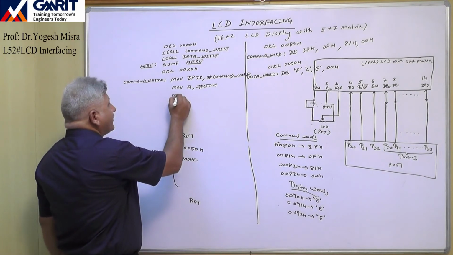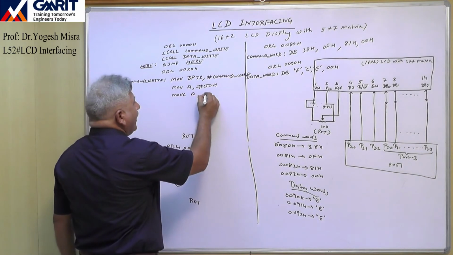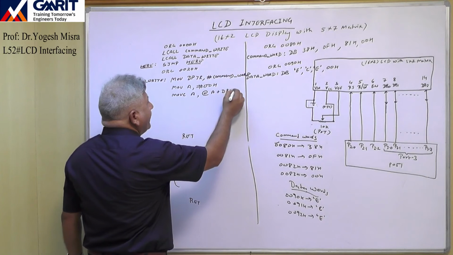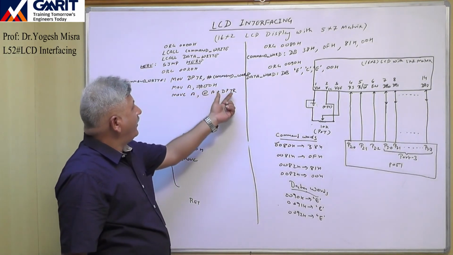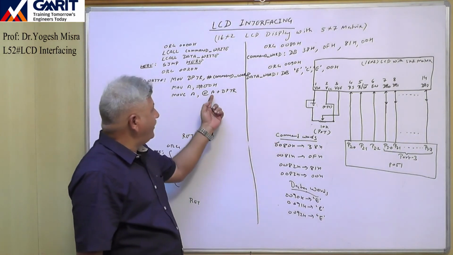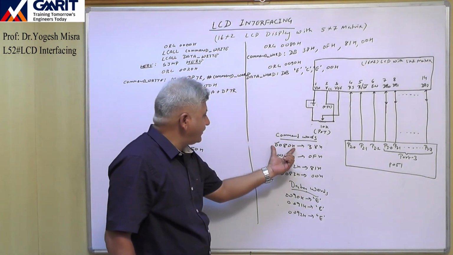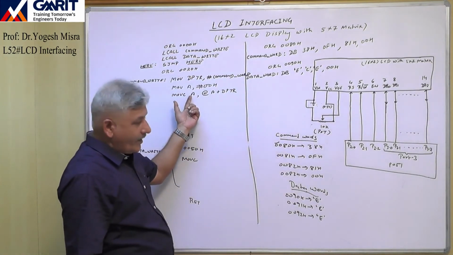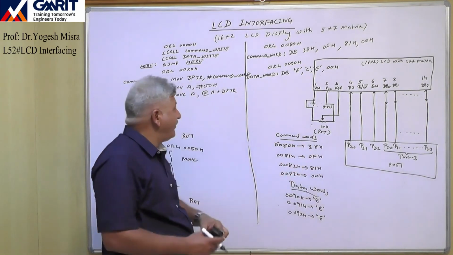Now after this we will write the instruction MOVC A, @A+DPTR. Since A is 0 and DPTR is 0080, 0080 will be added with the value of A, so we get 0080. Whatever content is at this address will be transferred to accumulator A. So in A we have 38H, which is a command word.